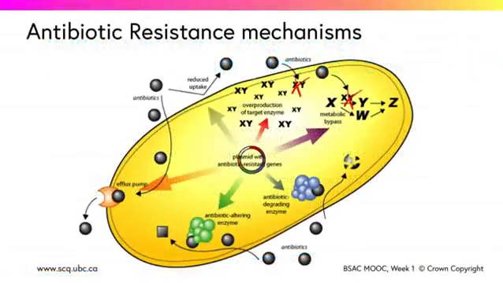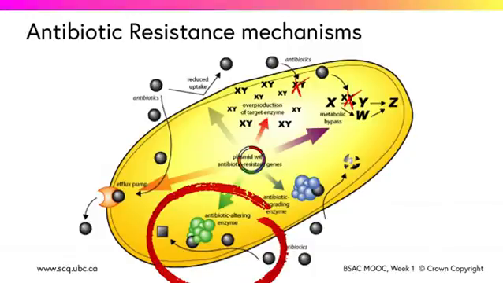This slide summarizes the major mechanisms by which bacteria can become resistant to antibiotics. They may destroy the antibiotic. This may either be because they destroy it completely or because they modify it chemically so that it can no longer bind to its target.